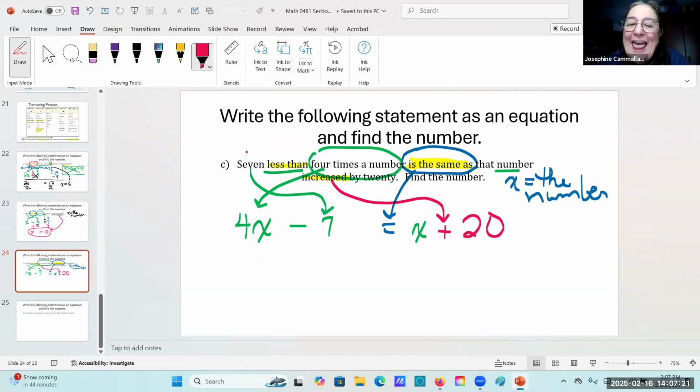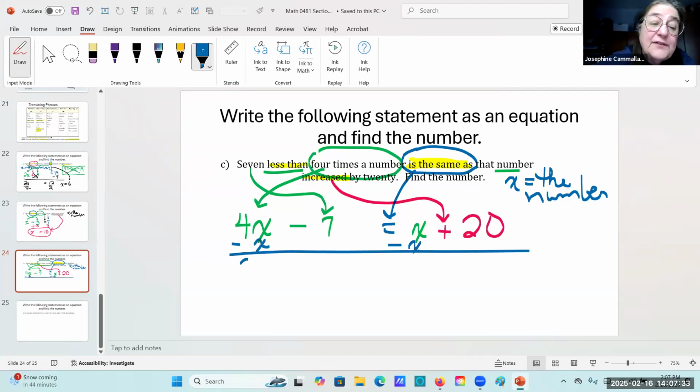You're learning a language. Now, I've got variables on both sides. So that means the first thing I'm going to do is subtract X, which gives me 3X minus 7 equals 20.